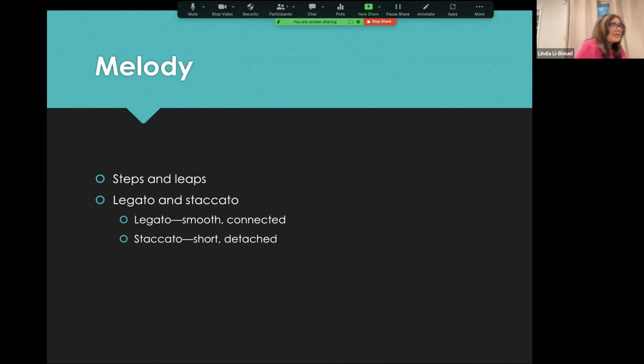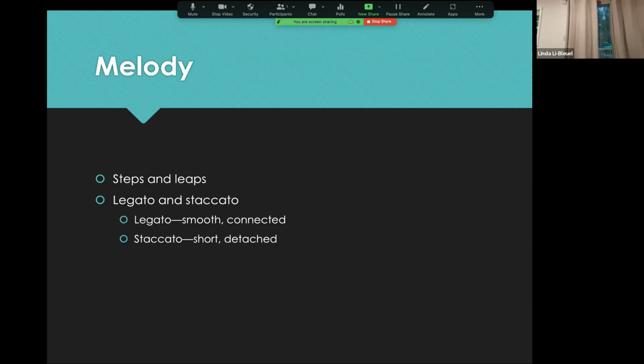So to hear that, here's a legato melody, and then here's a staccato. Staccato, legato, and then staccato.